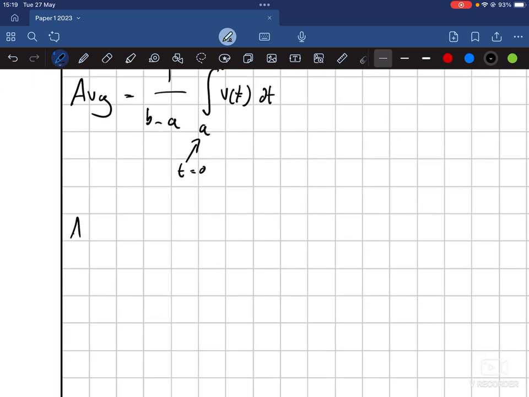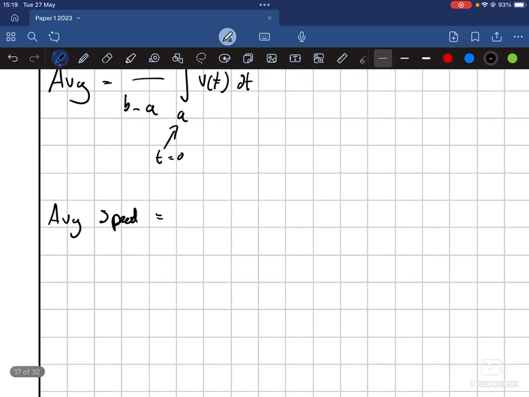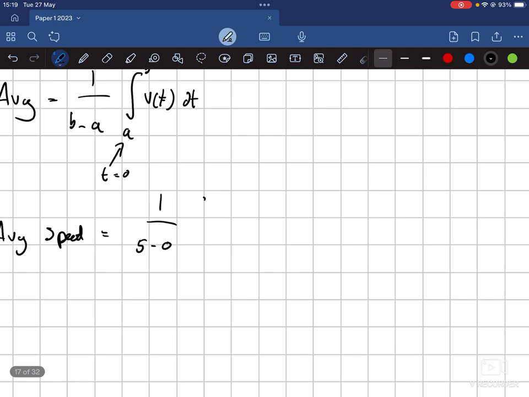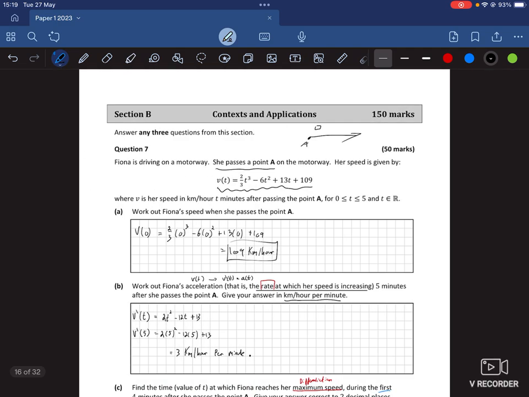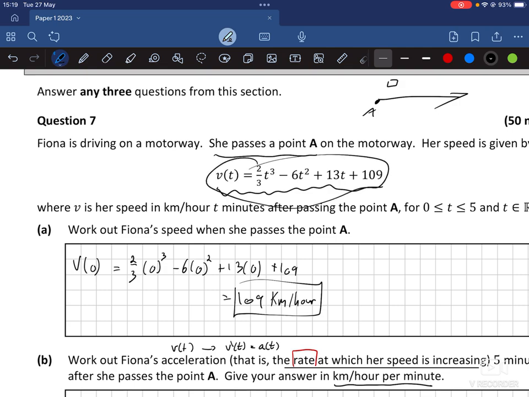So then I'll come down here, so we can say the average speed is equal to 1 over 5, because that's what b is, minus 0. Then the integral from 0 to 5, and then what we do is we stick in this thing here, v of t.